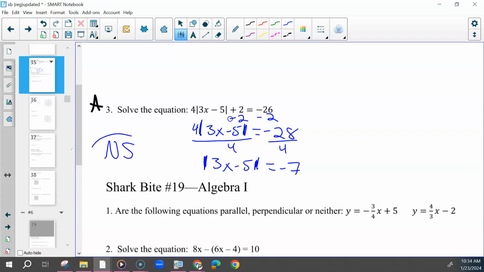I knew something was wrong about that one. So if you have more than that, erase the rest of that. Why is it no solution? You can't have isolated absolute values that equal a negative because absolute value is positive. I thought absolute value was both positive and negative. That's if we got a positive answer here, then we would drop the absolute value and set it equal to both. The equations can be equal to both, not the absolute value. Okay. If you had put this in Desmos, nothing would appear to show it's no solution. Other questions on that?